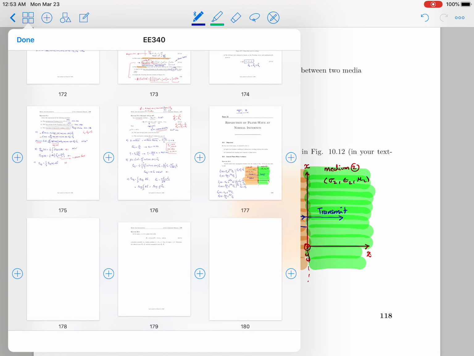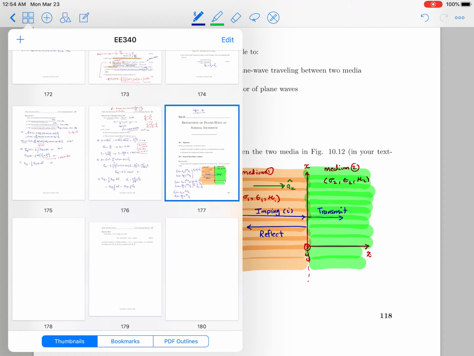Remember the point here is to write the fields in terms of the incident wave, or the incident field.